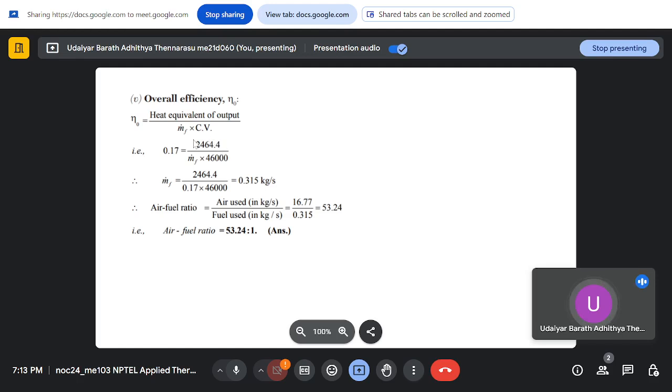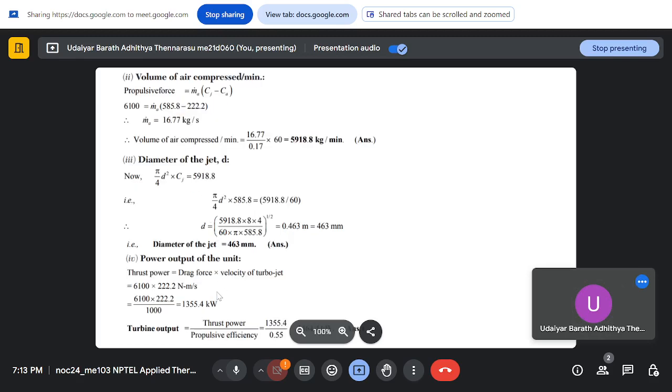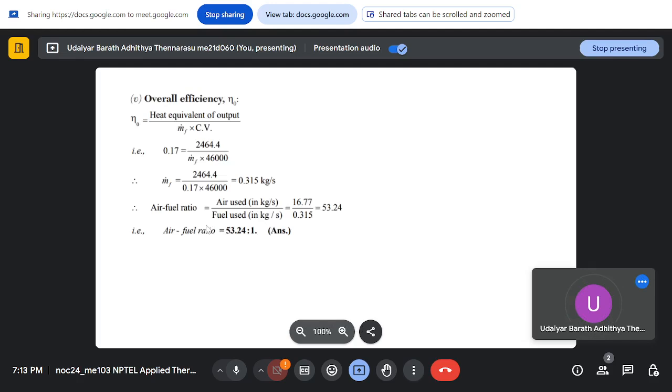Here it will be Cj minus Ca into Ca. This is the thrust power, which is 1355.4 kilowatt. So this will be thrust power divided by mass of fuel into calorific value.